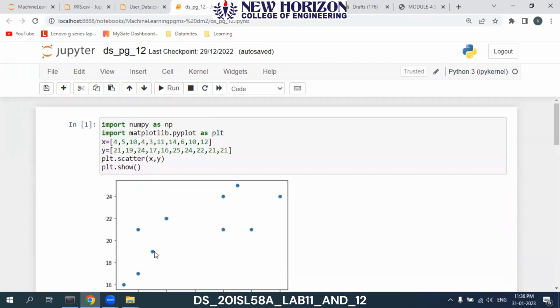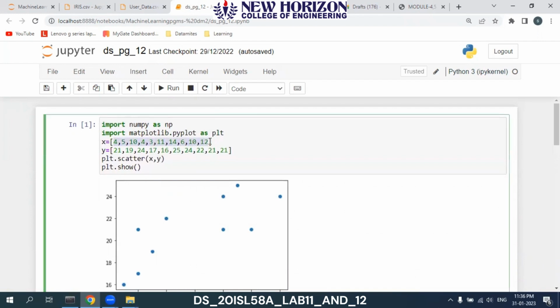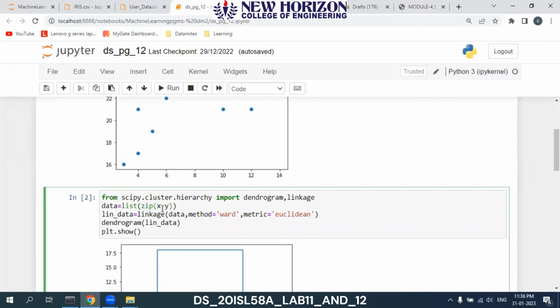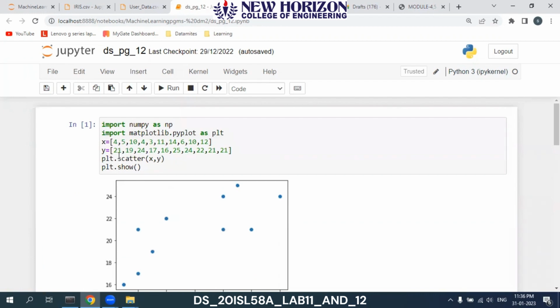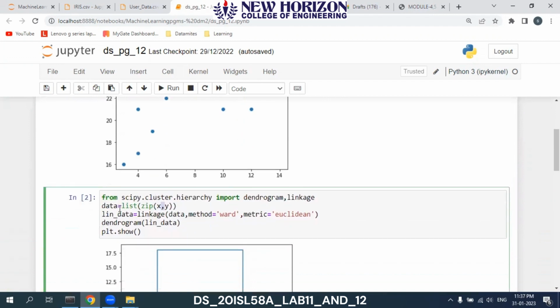Usually 4, 5, 10, 4, 3, 11, 6, 14, 6, 10, 12 is one dimension of the data, and y is another dimension. But to make 4, 21 as one point, 5, 19 as one more point, 10, 24 as another point, 4, 17 as a point, 3, 16, and so on, we need to zip the data into x, y, such that x1, y1, x2, y2, x3, y3, x4, y4, and so on will form the data.